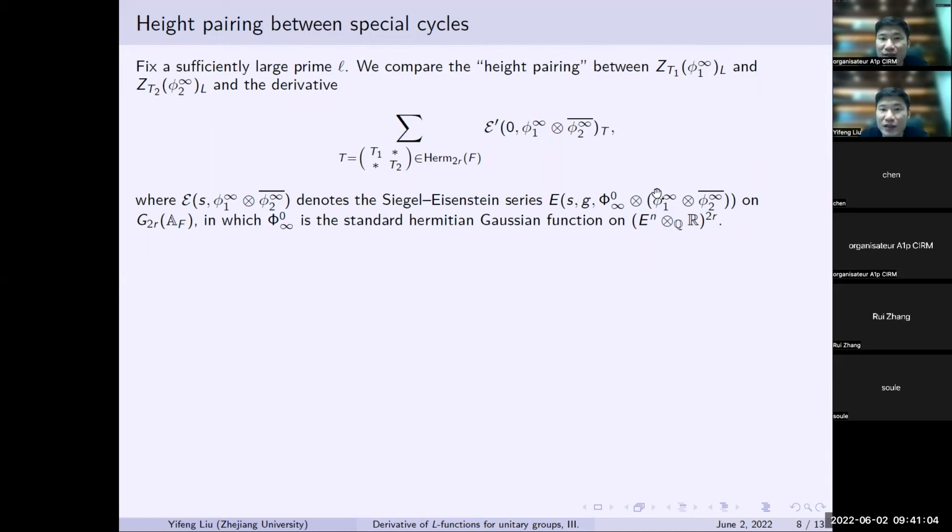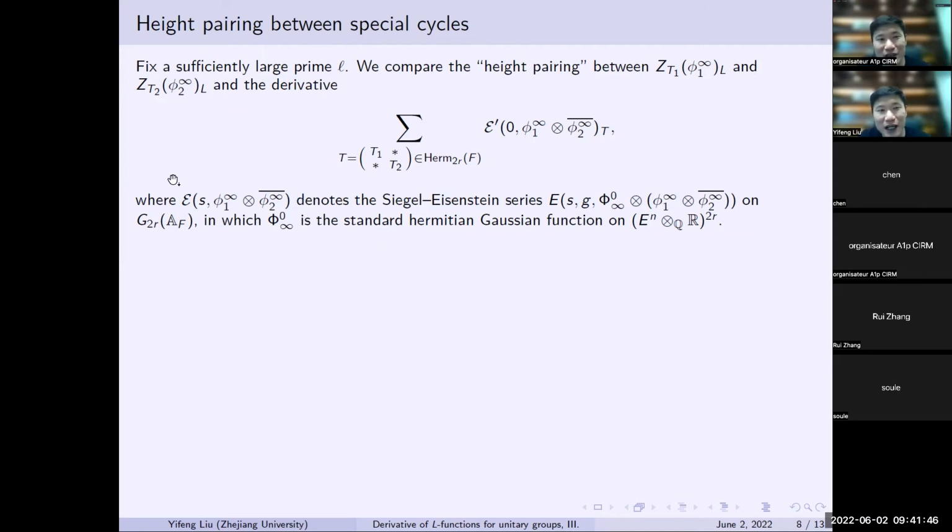So we do have a Ziegler-Eisenstein series like this, and we regard this function as a function of g. This one is denoted by this Ziegler-Eisenstein series, and I should say this is this one at g equals 1. I only keep an s variable, and then I take the derivative at s equals 0.